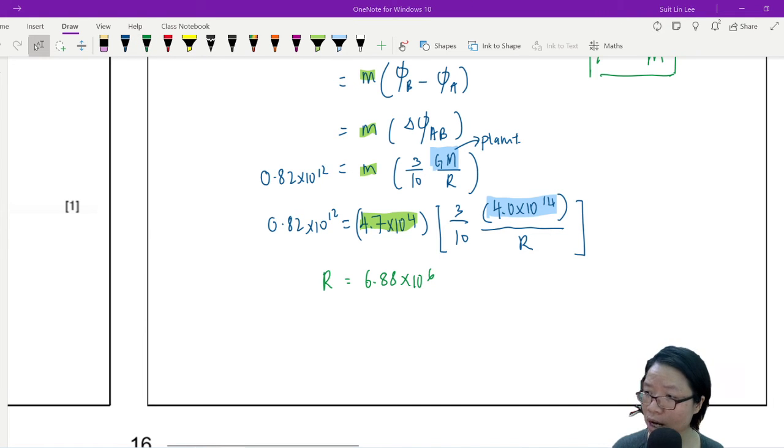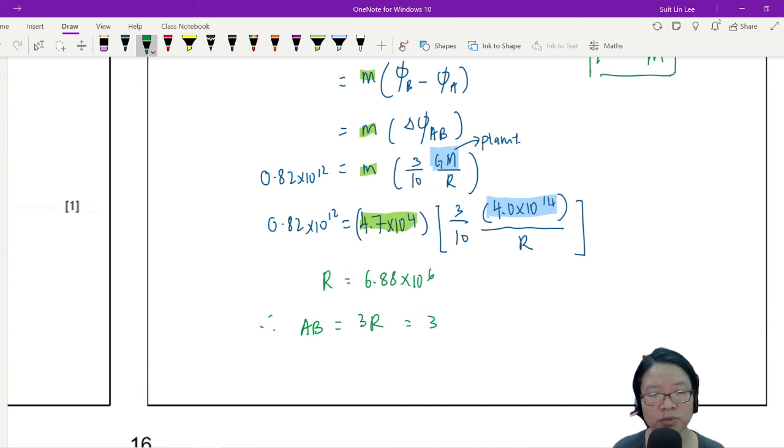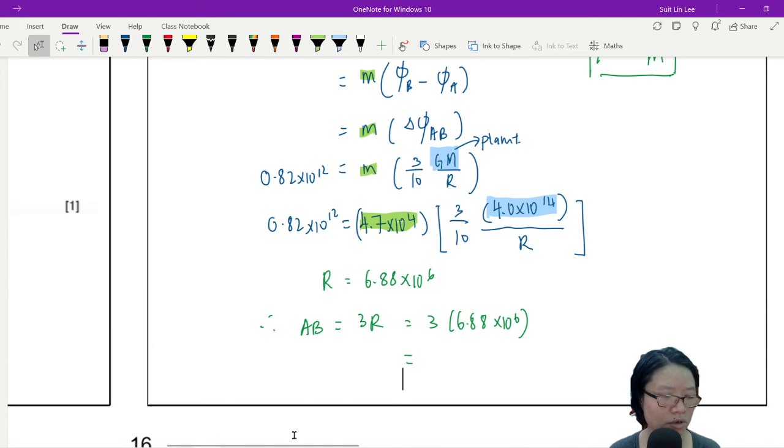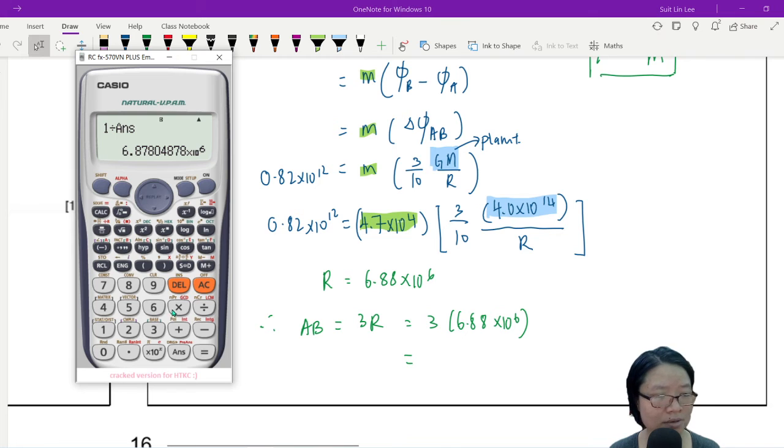Now we can find AB. Hence, the distance AB is equal to 3R, which will be equal to 3 times 6.88 times 10 to the power of 6. Then you take out a calculator. Learn to press. I come from a generation, because I'm quite old actually, where the scientific calculator was not used. How did I survive?